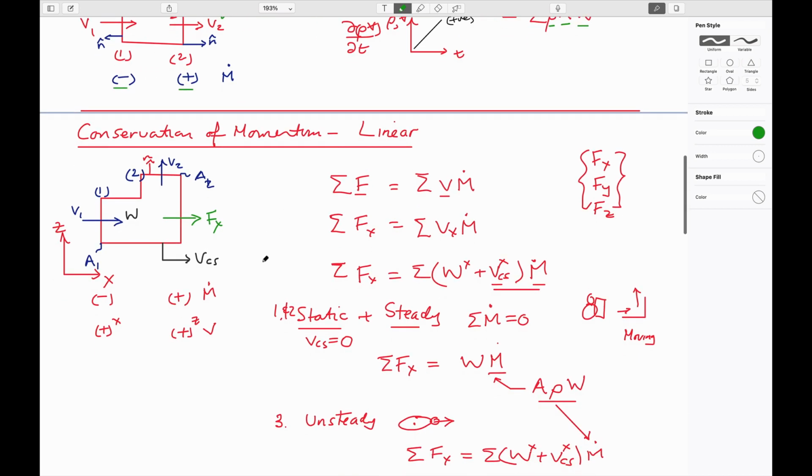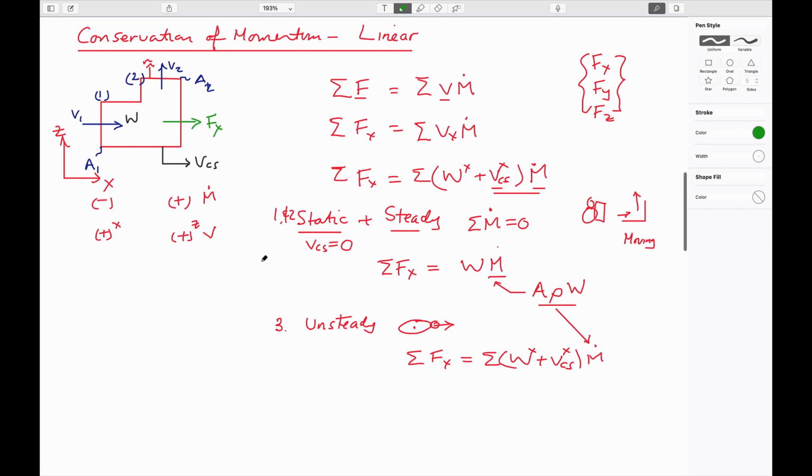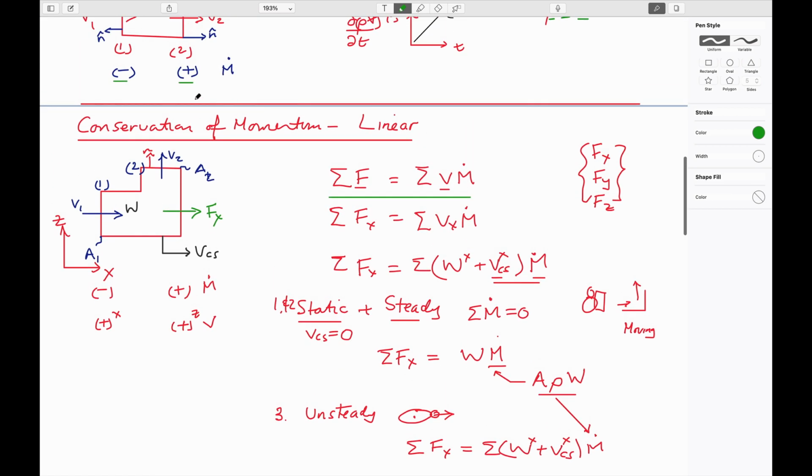When we look at conservation of linear momentum, then what we do is we can write again Reynolds transport theorem. This is the expression that results in that the sum of forces has to equal the sum of mass flow rates multiplied by velocities. These mass flow rates exactly follow the convention here, where positive is out and negative is in.